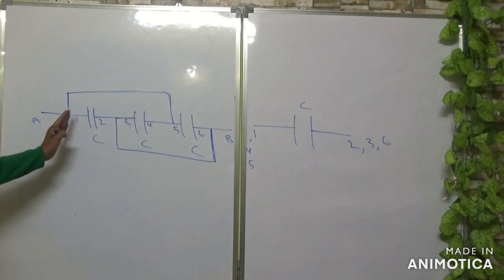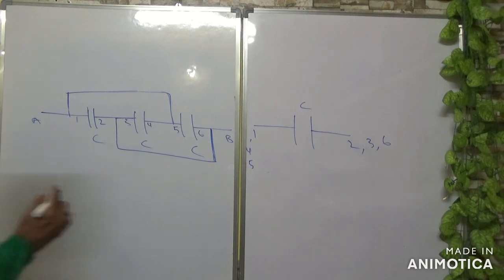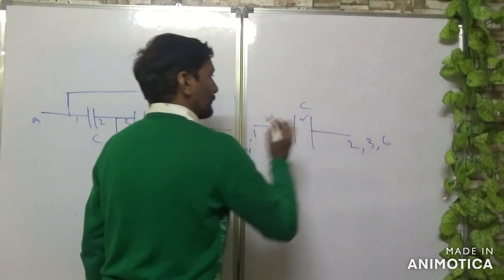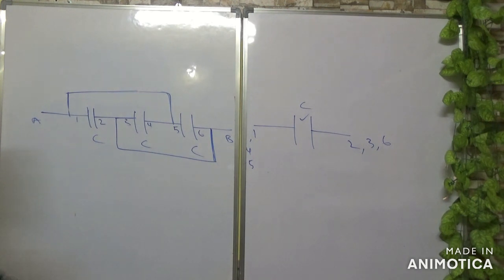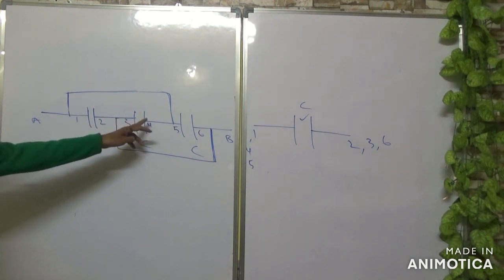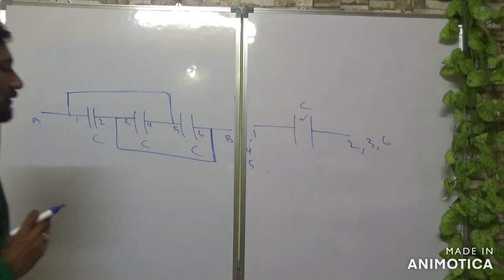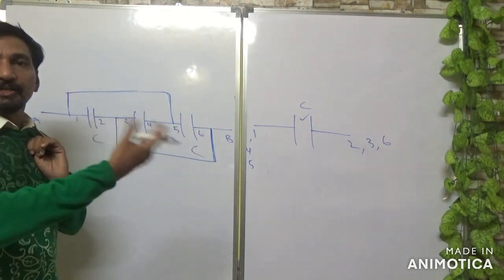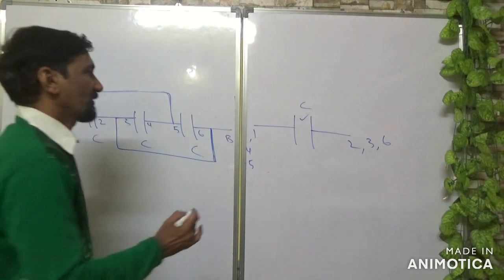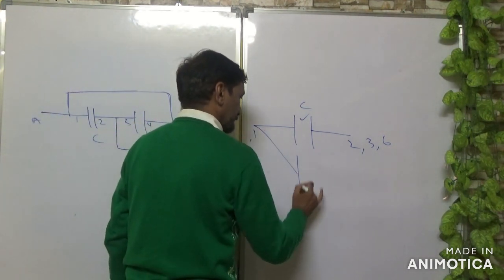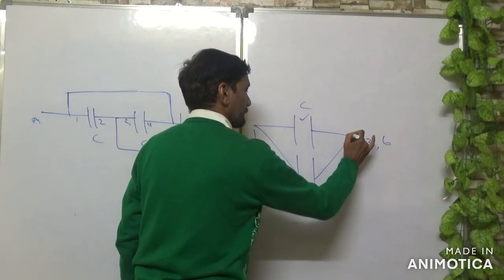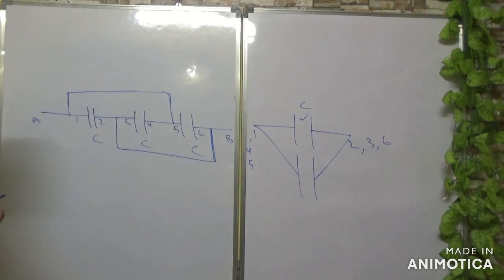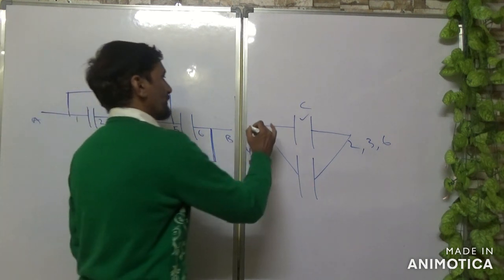So between 1 and 2, you need to connect one capacitor. Connected. Next, between 3 and 4 also there is one capacitor. So 3 is on the right side, 4 is on the left side. Next, between 5 and 6 also, you need to connect one capacitor.